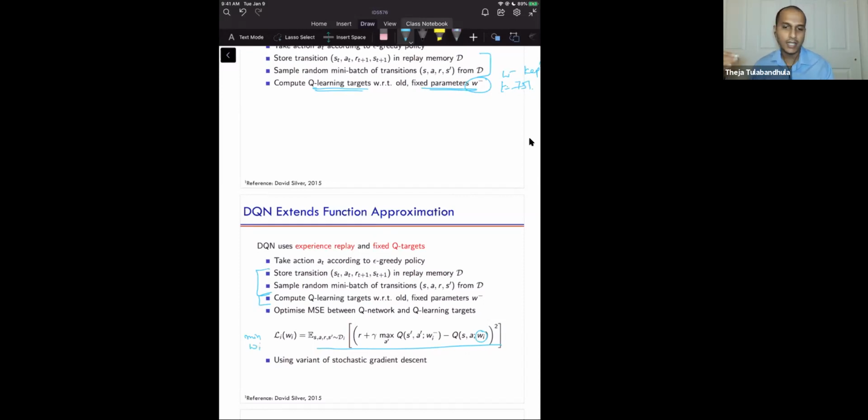The target term, as I said, we're going to freeze to some previous value. So this is not a function of W, it's just a constant. The only place where Wi appears is here. So it looks like supervised learning.